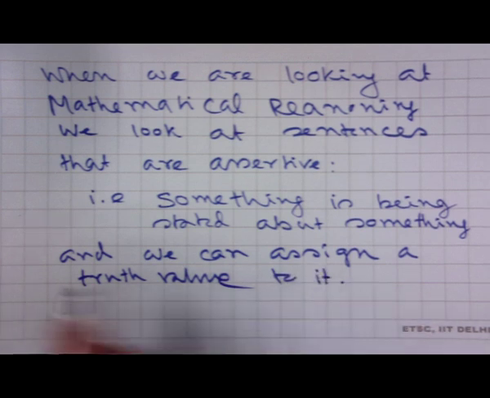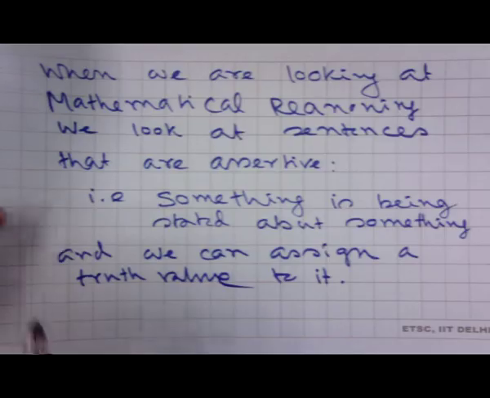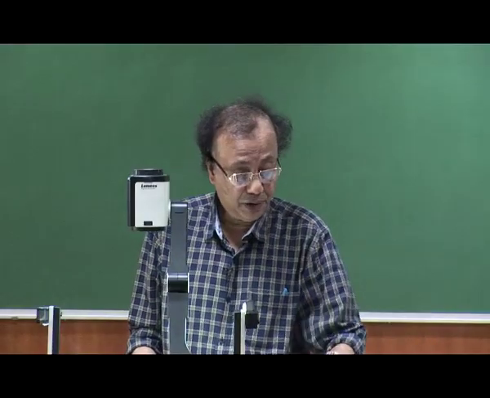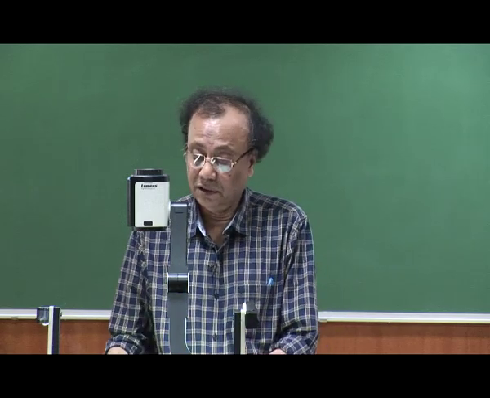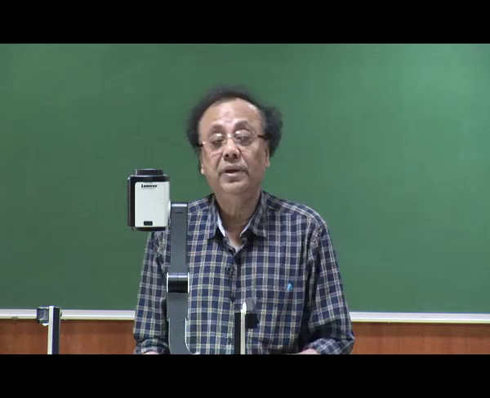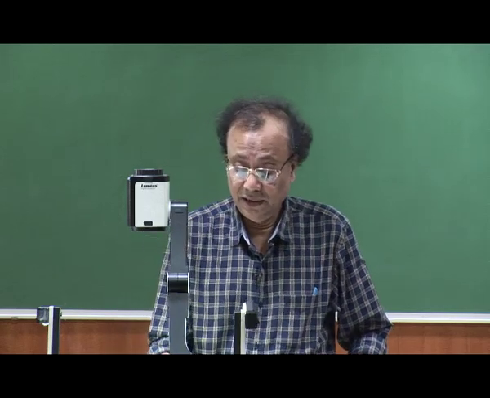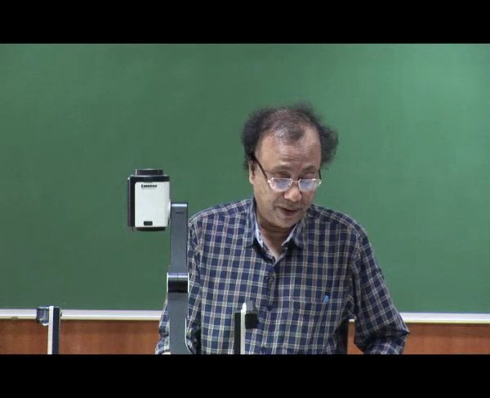Okay. Now, I will give you examples of many sentences where we actually cannot assign any truth values, or there will be ambiguities when we try to assign such values. So, let me give you some examples.